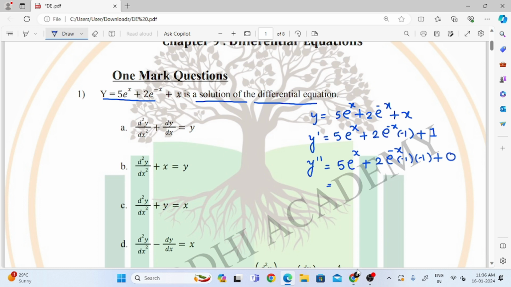So 5 e raised to x stays as it is, plus 2 e raised to minus x as it is, the minus 1 becomes plus 1, and then plus 0.